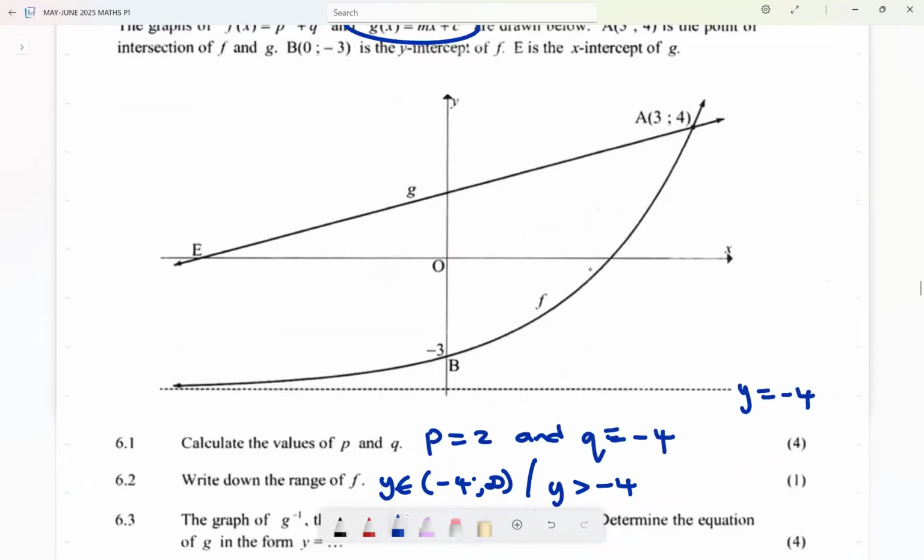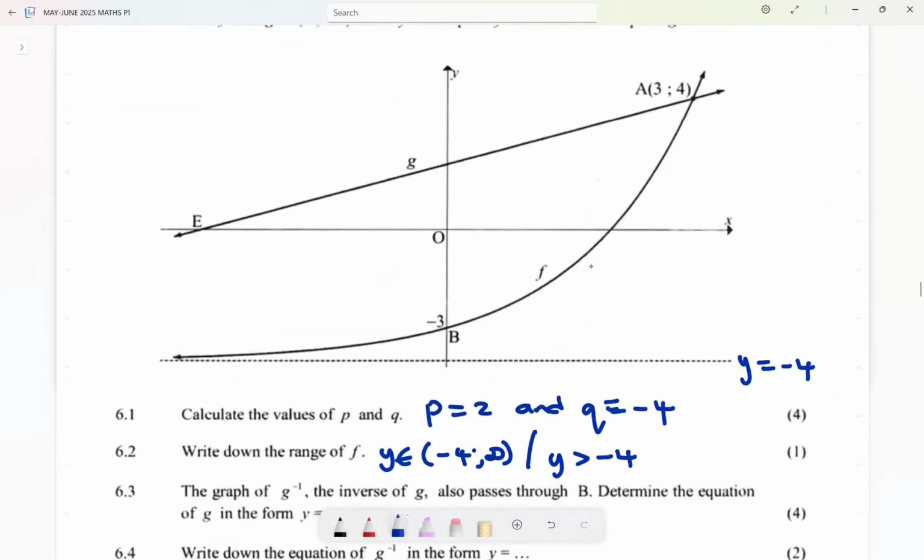We said this point here, x is 0, y is -3.